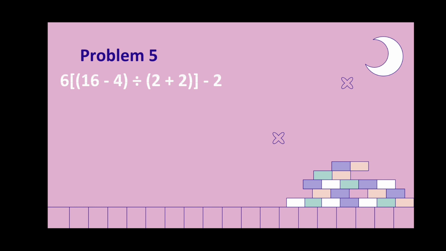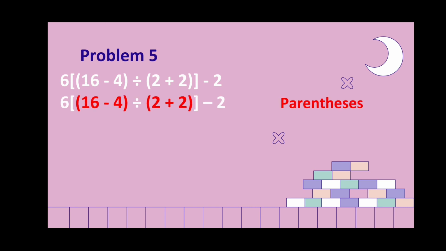So, kapag walang nakalagay na operation, pero ang katabi ng number ay parenthesis, the operation involved is multiplication. Okay? So, syempre, if-follow pa rin natin ang PMDAS rule, ang uunahin natin yung nasa loob ng parenthesis. 16 minus 4 at 2 plus 2. So, the answer on 16 minus 4 is 12, and then yung 2 plus 2 naman ay 4.